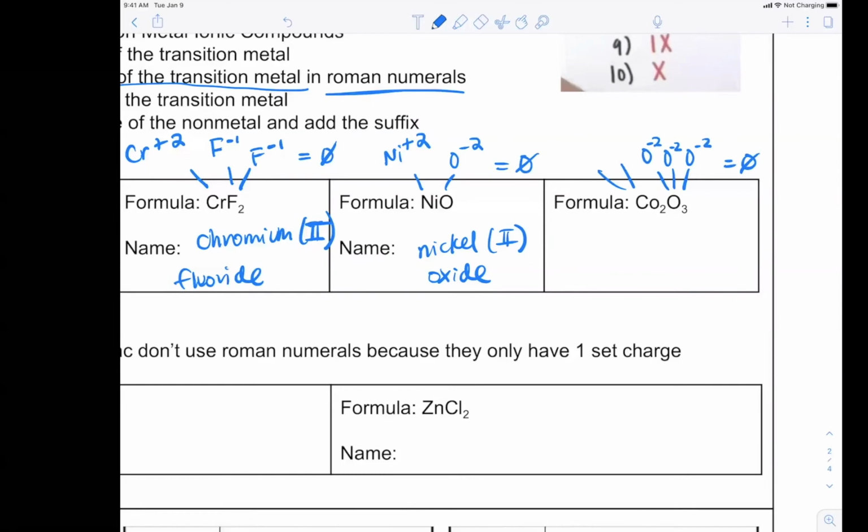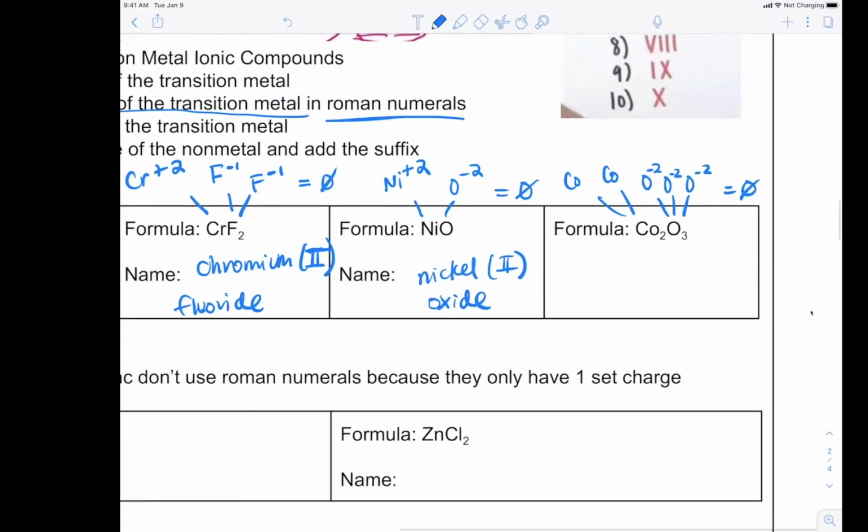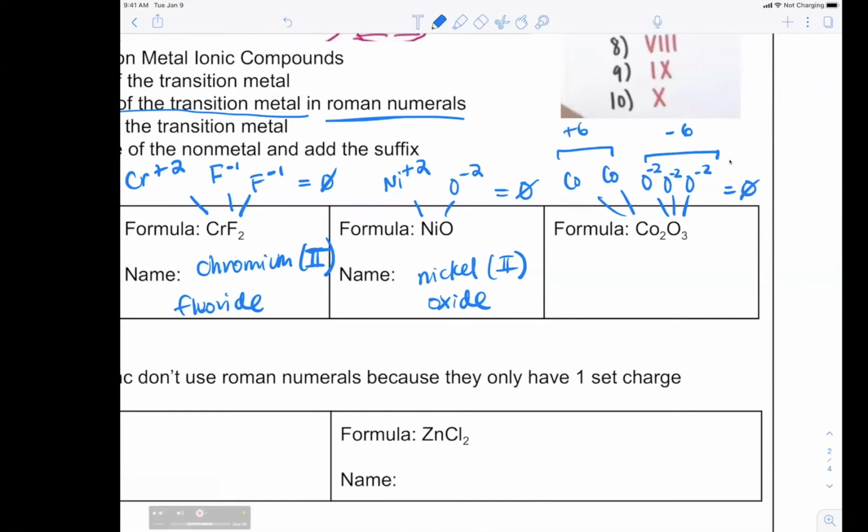So even though I don't know what charge I have yet, these oxygens add up to -6. So whatever these charges are, they have to add up to +6 so you can cancel out to 0. That means each cobalt has to be +3. Okay, and if they're +3, then everything should balance out to 0.